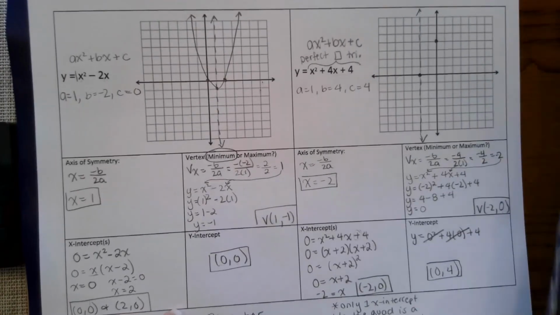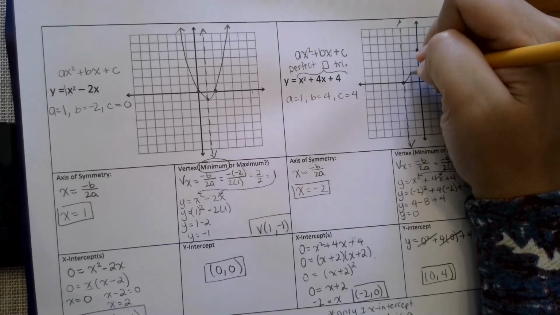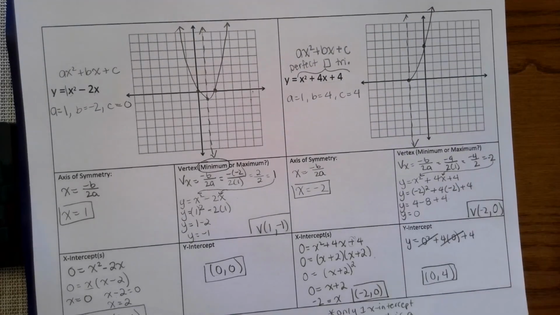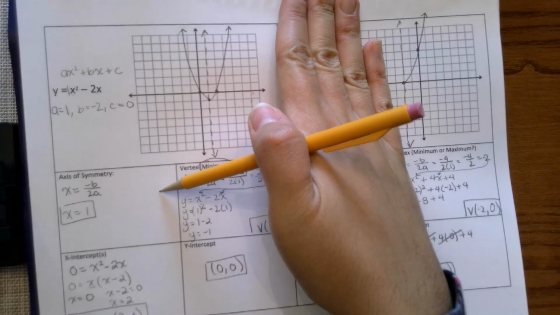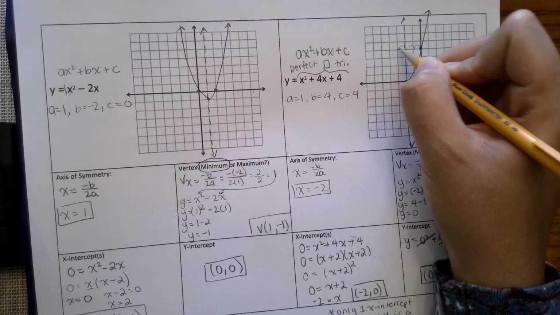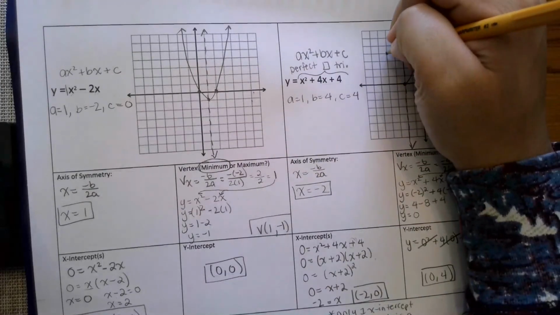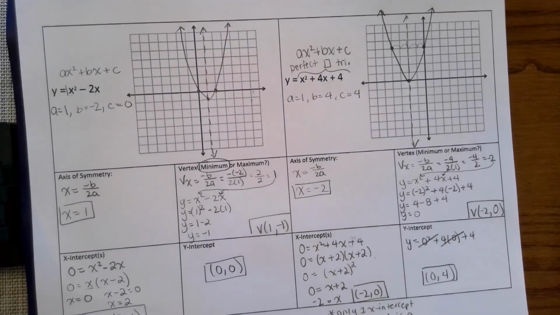In number 4, we're going to have to do the same thing. We have this point. I can see this side of the graph. However, I'm going to have to reflect that point over the axis of symmetry. I can see this is 2 units away. So this is going to be 2 units away to get another point on the other side.